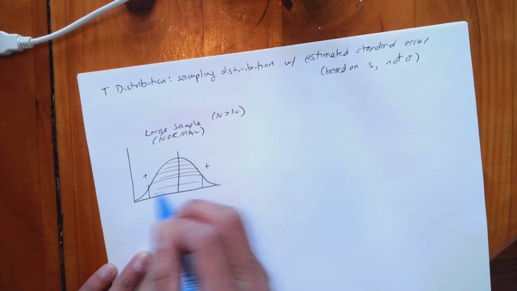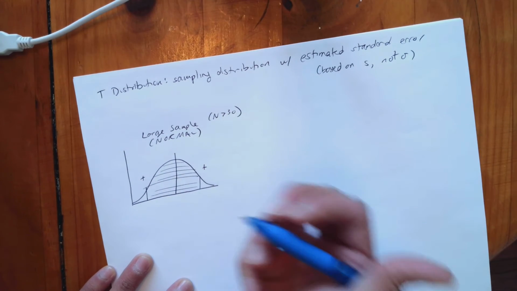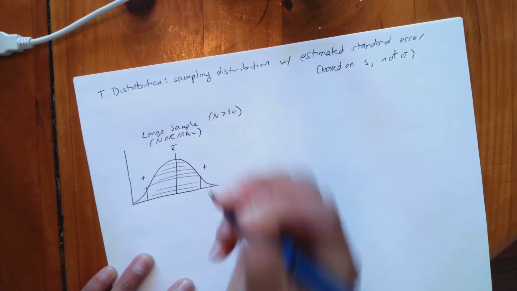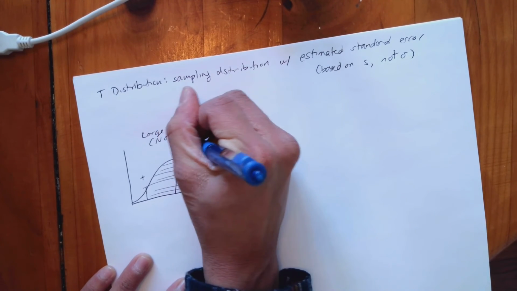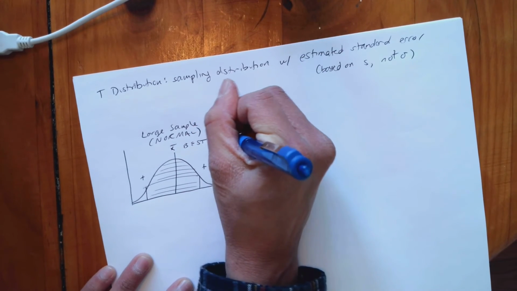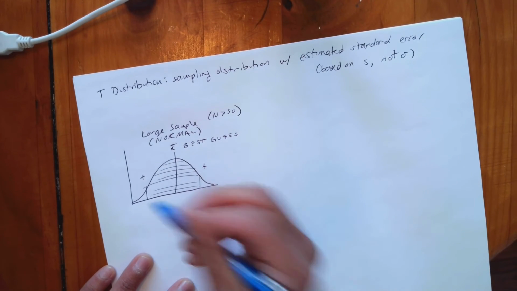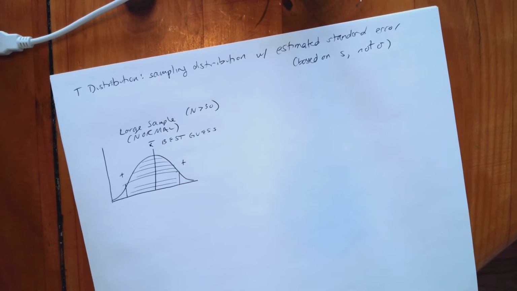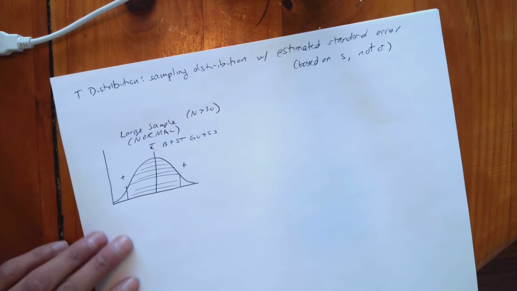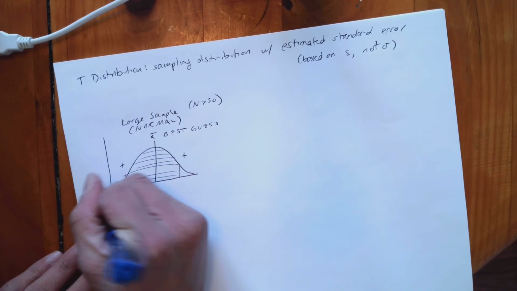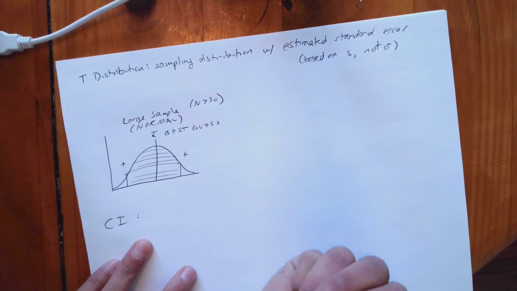And it works the exact same way as a normal distribution, where you would take your sample mean, use it as your best guess, and then you can find your critical t-values instead of your critical z-values and plug them into a confidence interval formula.